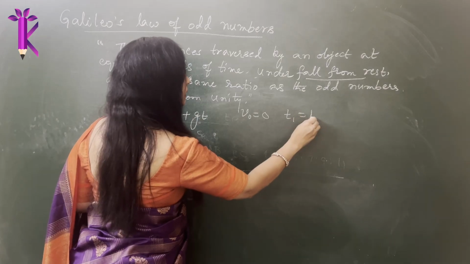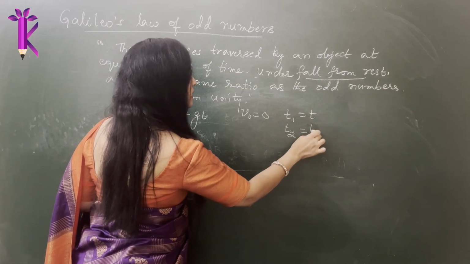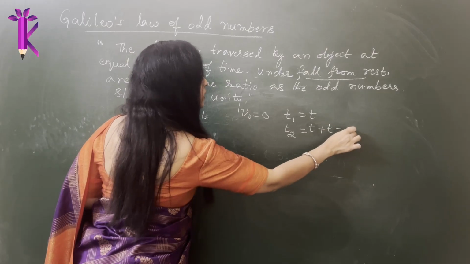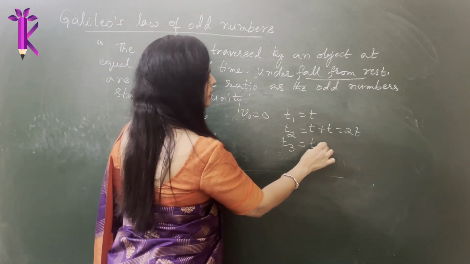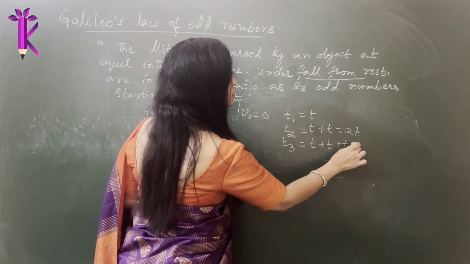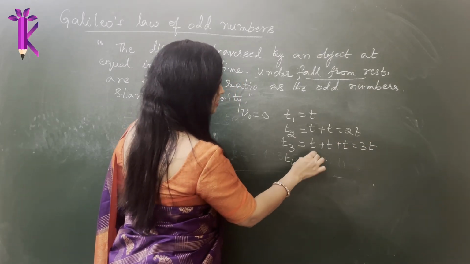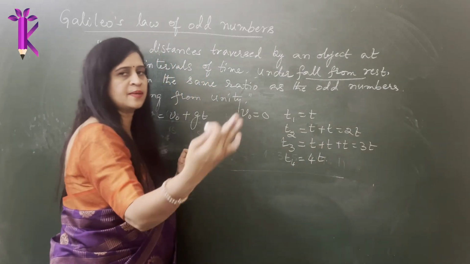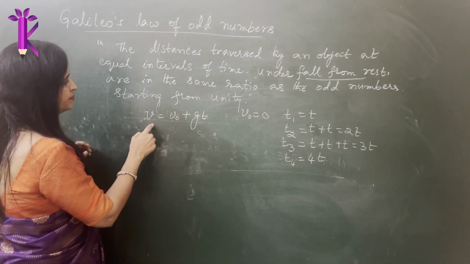So T1 will be t, T2, the second interval, will be t plus t, which is 2t. Similarly, T3 will be t plus t plus t, which is 3t, equal intervals. T4 will be 4 times t. Okay, now let's calculate.